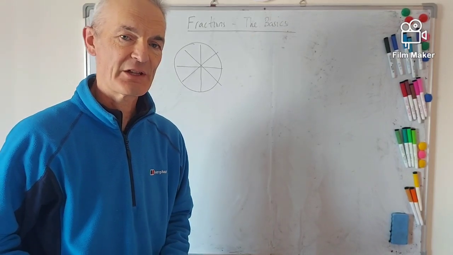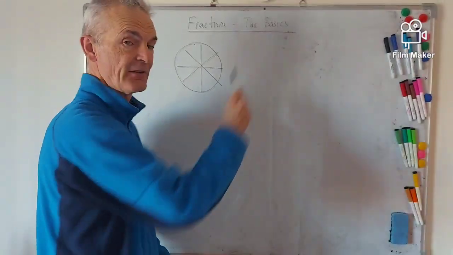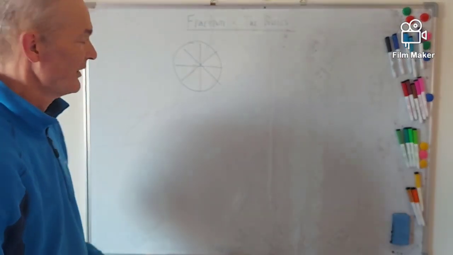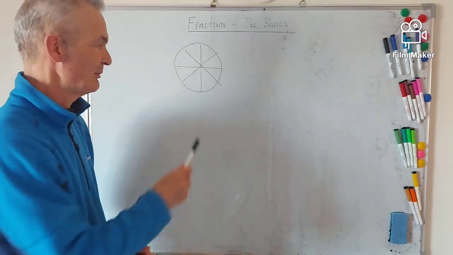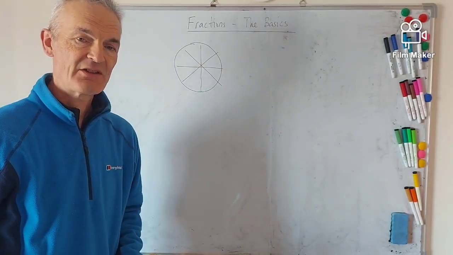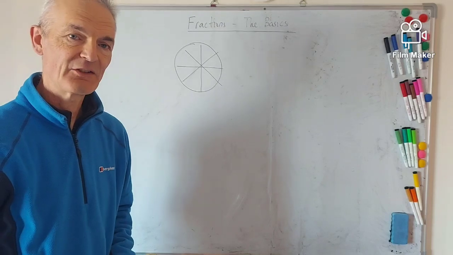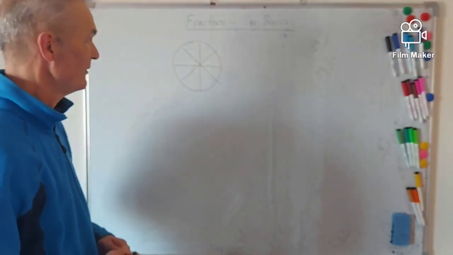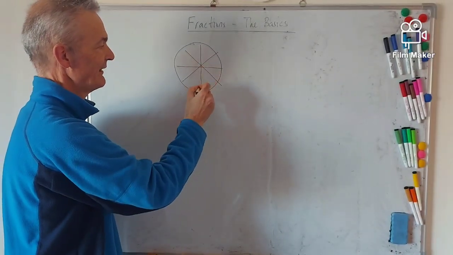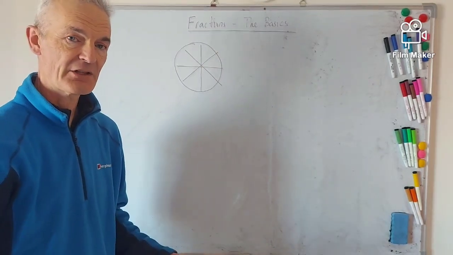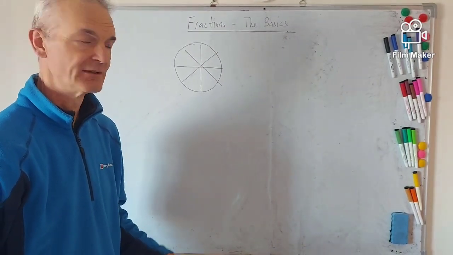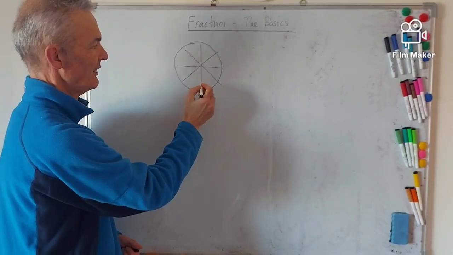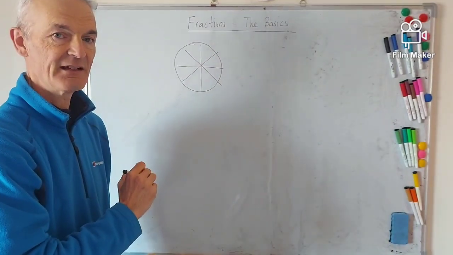Today I'm going to look at fractions, the basics. So if you look at my little diagram on the board here, just imagine that this is a pie or a pizza or something like that. Now, each little bit is a fraction of the whole. So there are 8 pieces in there.